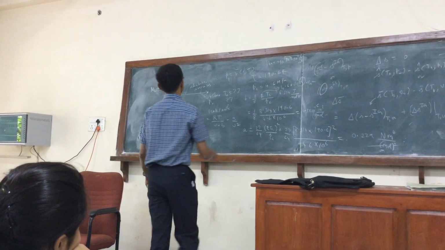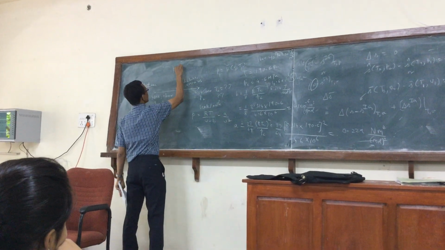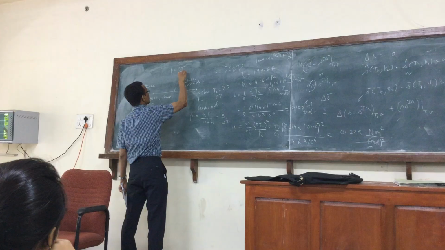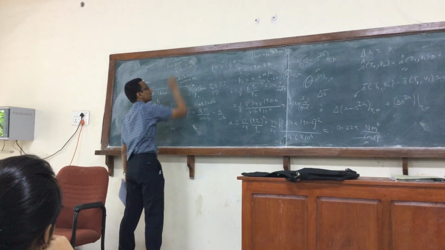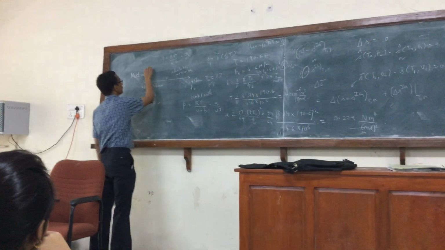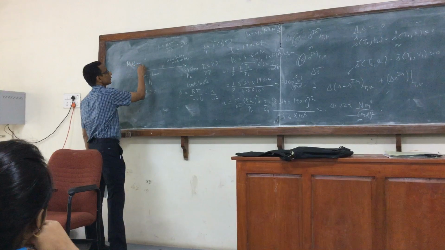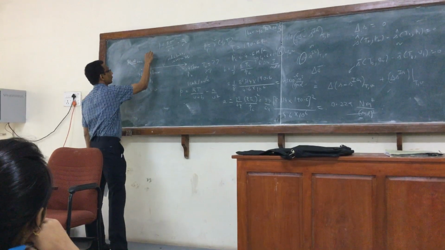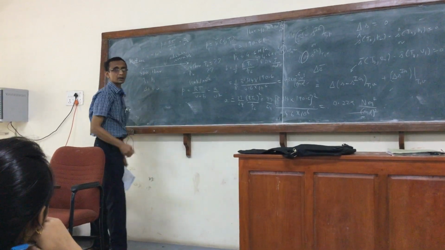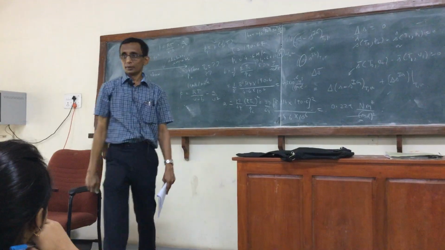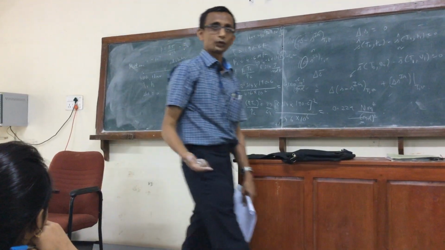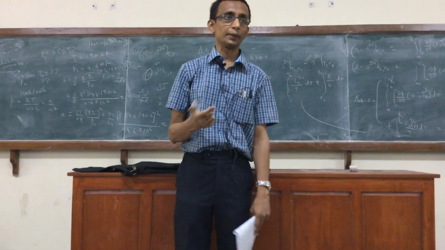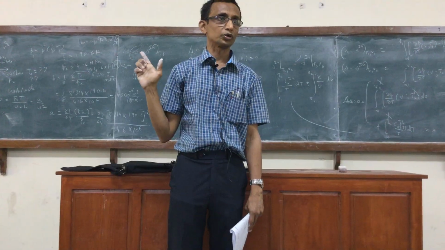Another way of looking at it is to see that P equals RT by V minus B minus A over V squared. So we know that A must be of the same units as P times B squared. That's the easiest way to guess the units for A, because the equation is dimensionally consistent, homogeneous.